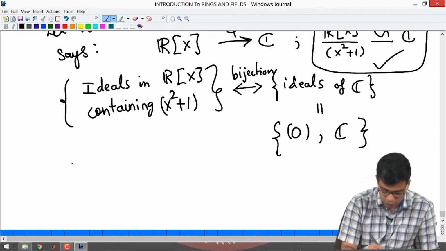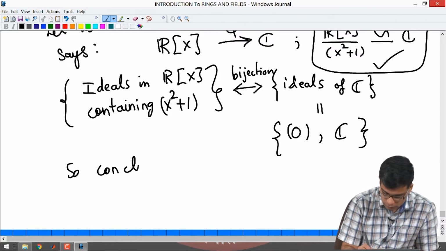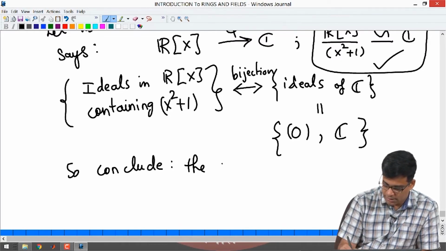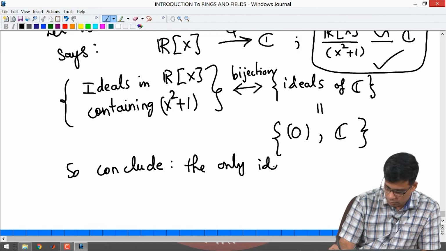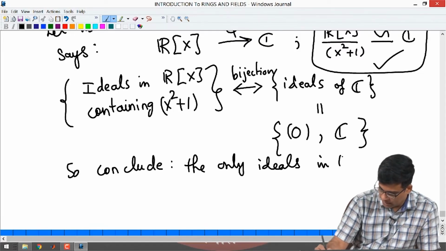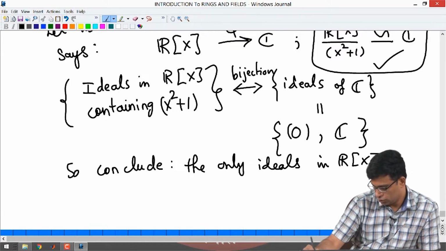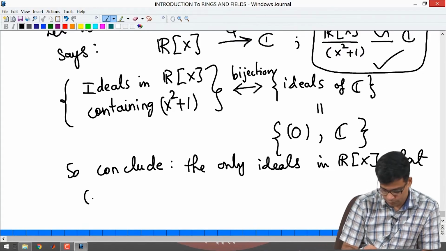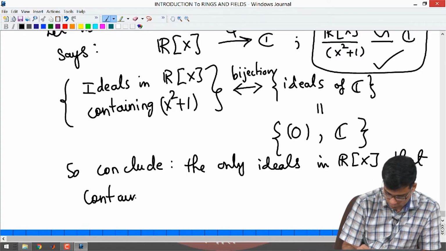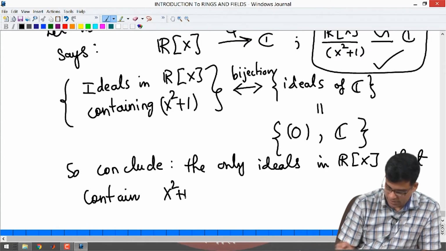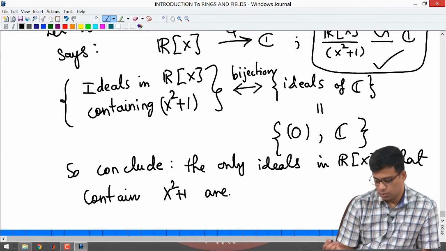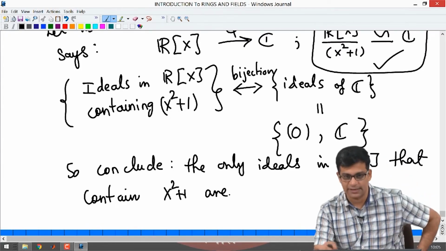So, we can conclude the only ideals in R[x] that contain x squared plus 1 are, there are only two ideals, because this set has two elements.